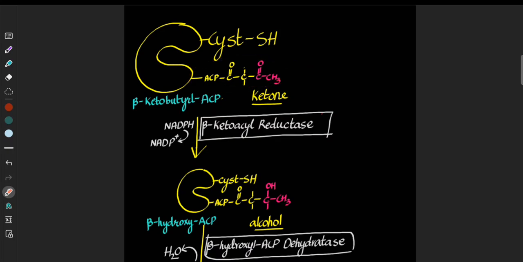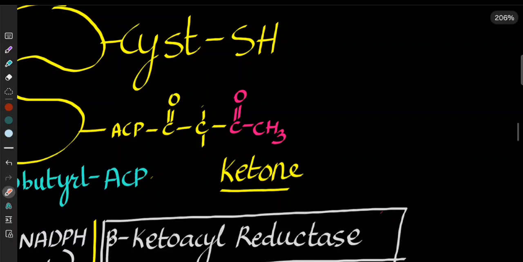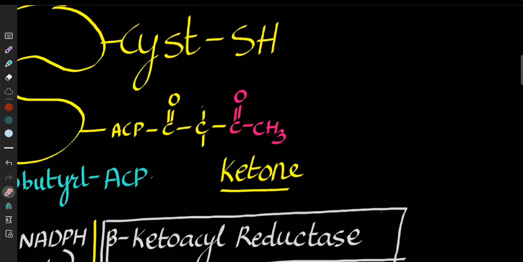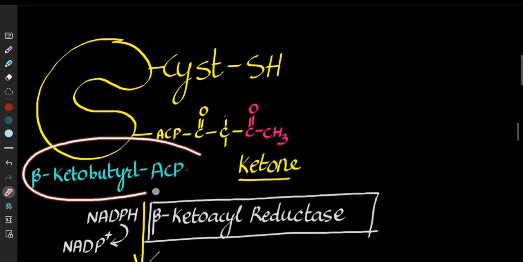So we can see 1, 2, 3, 4, right? So this particular compound is known as beta ketobutyryl ACP, right? Now why do you think it's called beta?